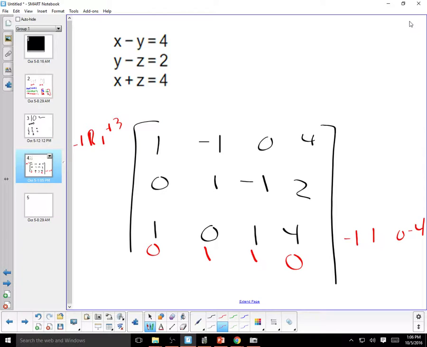So now what do we add? How do you get +3? No, I'm taking row 1. Oh, sorry, I'm adding it to row 3. You can multiply. Where did you get all those numbers from? I took row 1, I multiplied it by -1.